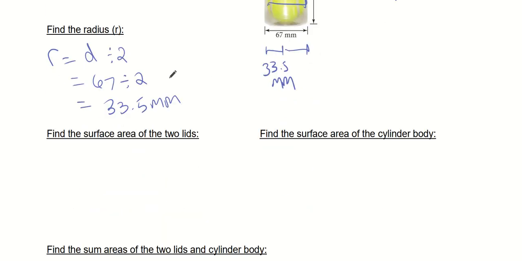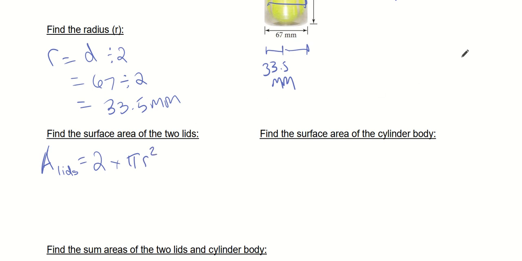So let's do that down over here. Okay, so again, we're going to use A for area, and we're just going to subscript it for lids, because I want the area of both lids. So I'm going to write down 2, because there are two lids here, times the area of one lid, which is pi r squared.